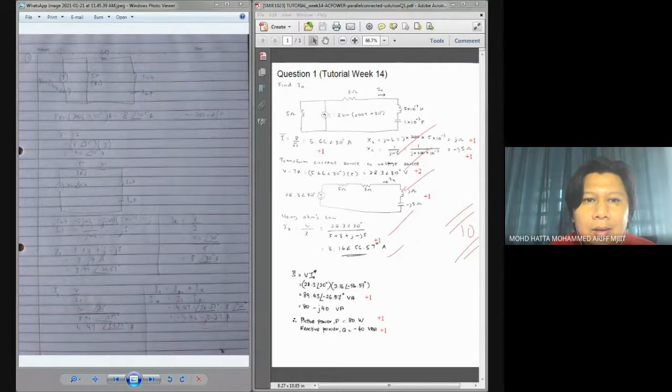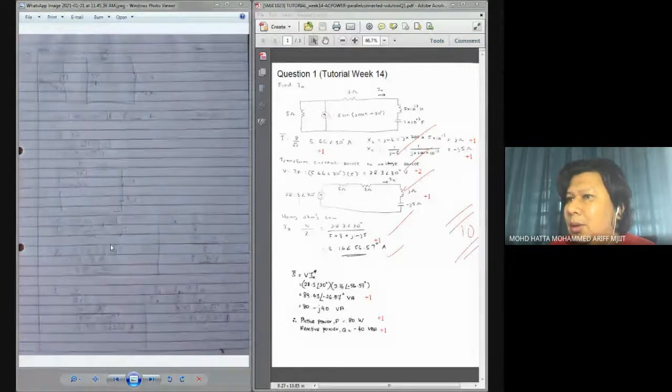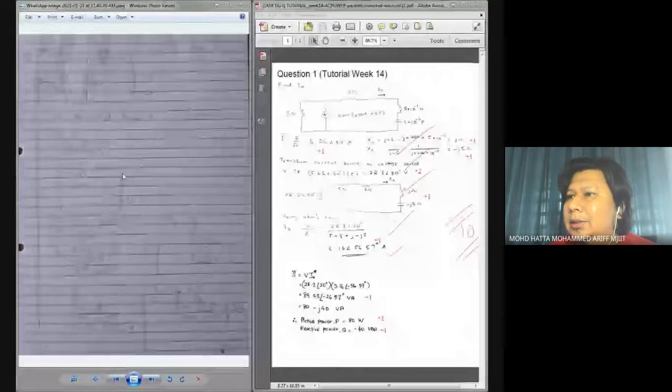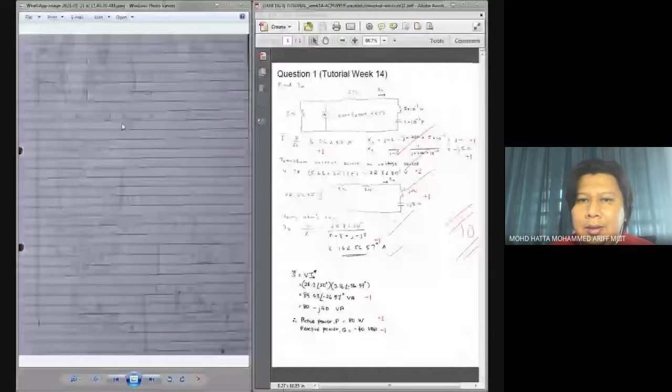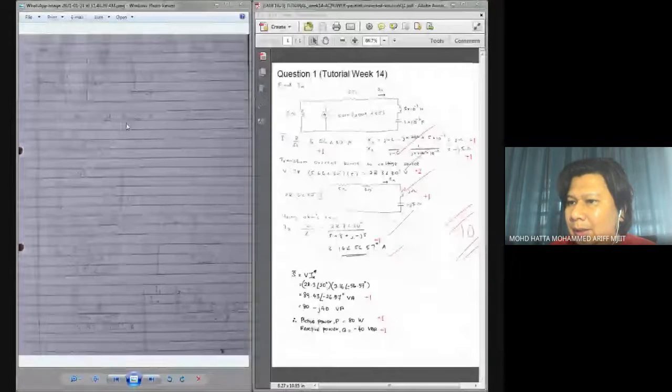But anyway, the one that you have on your left is totally correct. And of course, I think I'm gonna be lenient this time around. If you didn't convert from peak value into RMS value, then that is fine for this part.